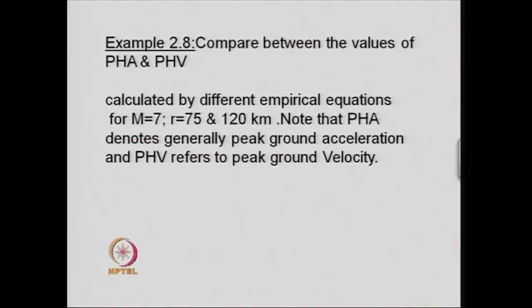Now, here three examples are solved. PHA and PHV were calculated using different empirical equations and compared. They were obtained for a magnitude of earthquake 7 and epicentral distances of 75 and 120.